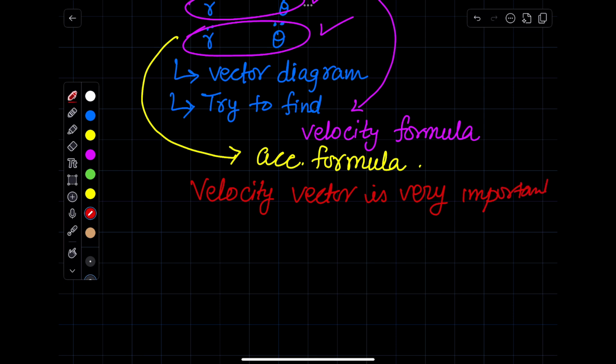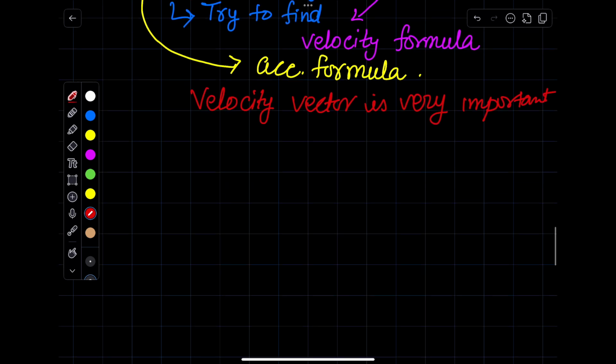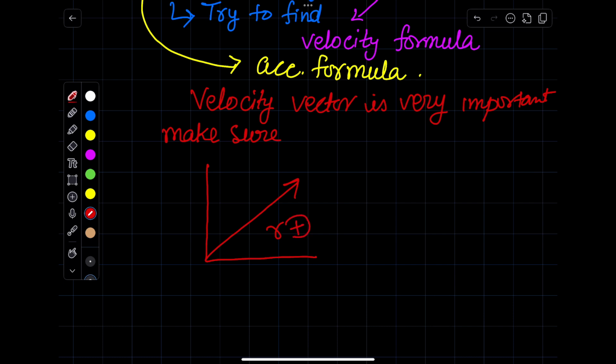When you are choosing the axes like r and theta, make sure that you are not making any mistake. For example, suppose this is the r axis. The r axis is positive when we are going in the outward direction, in the direction of the red arrow you can see.